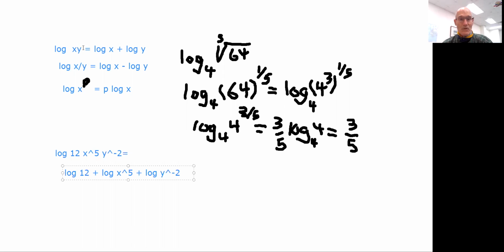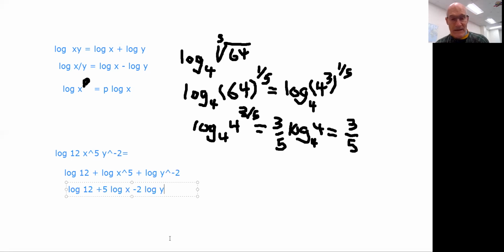So I've used the first rule, which says if I'm multiplying, I add, and then I can use the last rule, which says if I have the log of an expression to a power, I can bring the power out front. So the final expression here is the log of 12 plus 5 times the log of x minus 2 times the log of y.